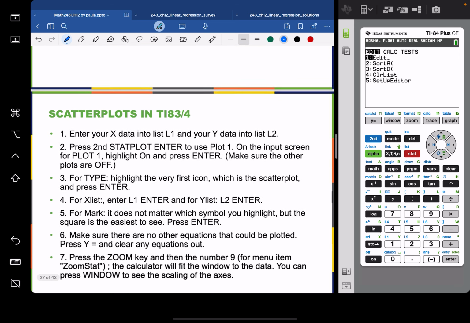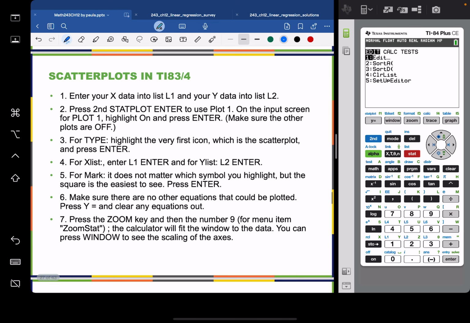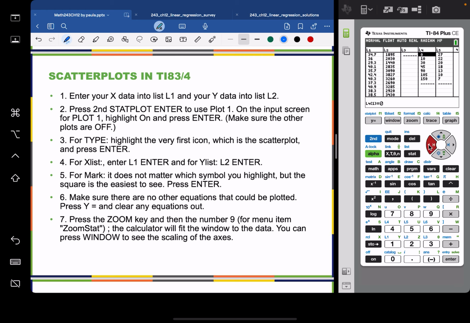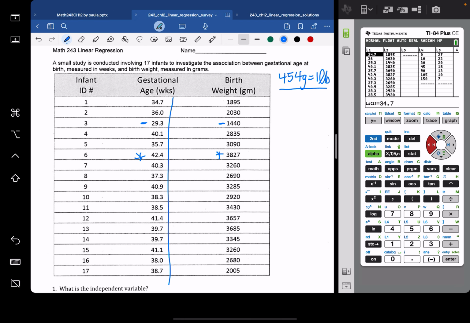I thought I had a slideshow for entering it. Well, I'll show you the process. So Stat, Edit, and I have already entered this data into L1 and L2. It's a little tedious, but I did it ahead of time. So there it is, 34.7, 1895 grams, 36 weeks, 2030 grams, and so on. So I carefully put those in.